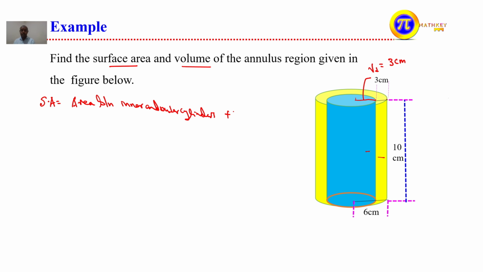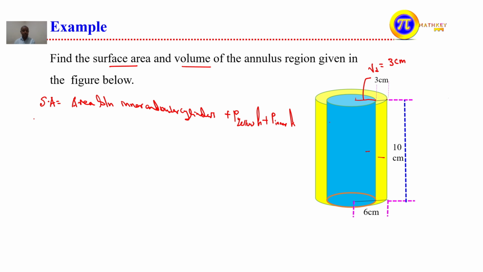That means the perimeter of the yellow one times its height, plus the perimeter of the inner light blue one times the same height H. This is the total surface area.